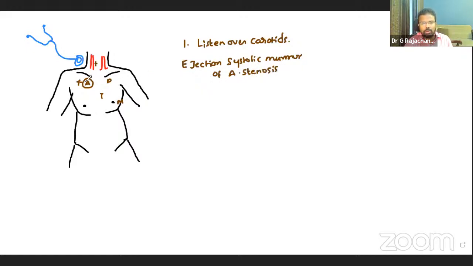So what happens here? Actually, the murmur is produced from the aortic valve. But it is radiating to the carotids.